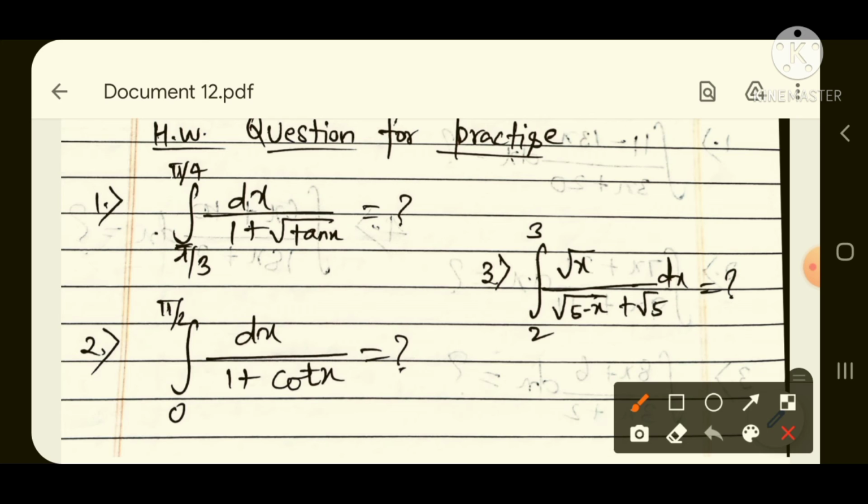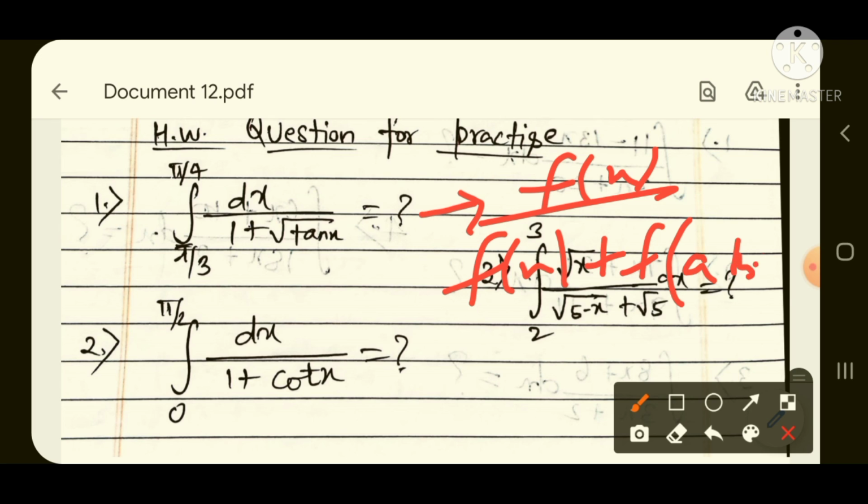The first question is dx by 1 plus root of tan x. Here I would give one hint: convert root tan x into root sin x by root cos x, then you will get the format of the question, plus f of a plus b minus x, and after that you apply the trick.